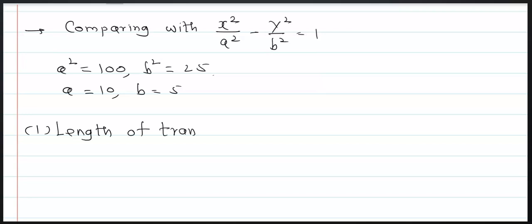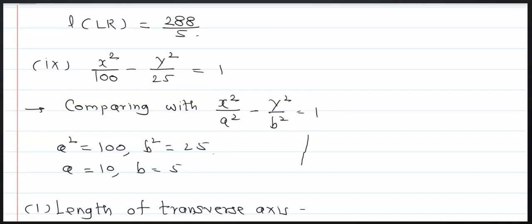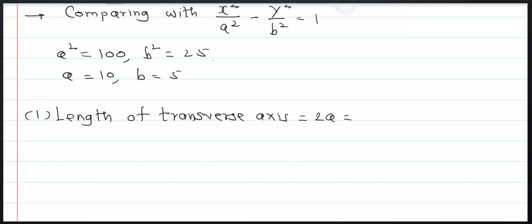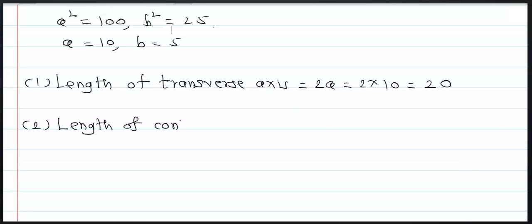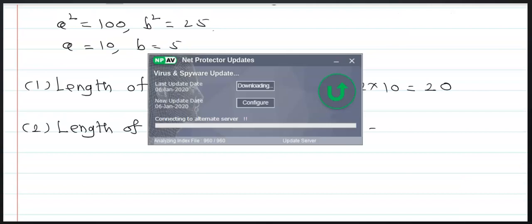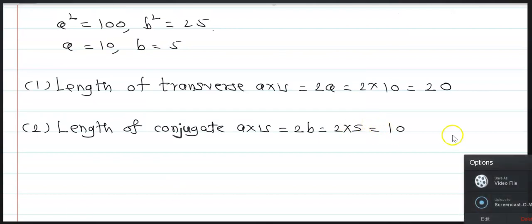Therefore, the length of transverse axis 2a, that is 2 into 10, that is equal to 20. The length of conjugate axis 2b, that is equal to 2 into 5, that is equal to 10.